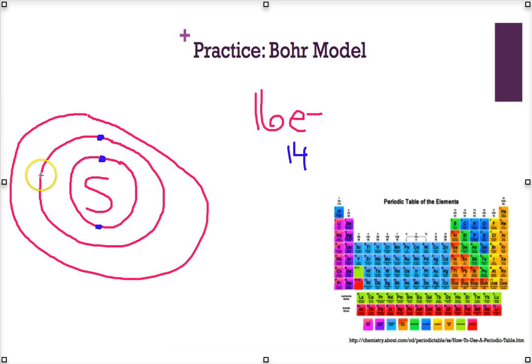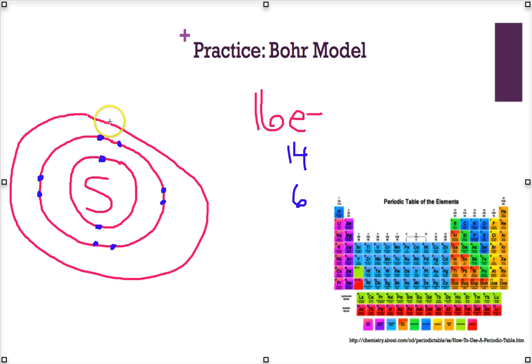1, 2, 3, 4, 5, 6, 7, 8. And now that leaves us with 6 more electrons.